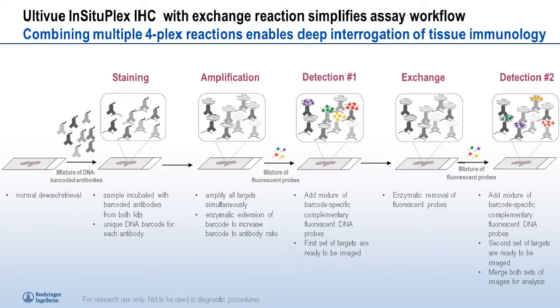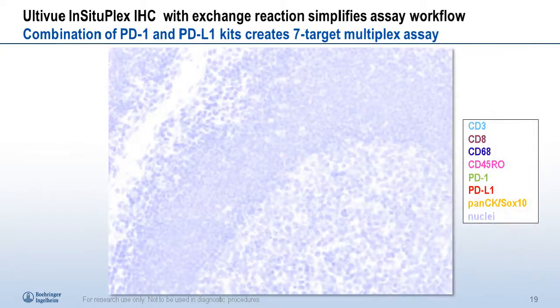Once we've imaged that, we take the 2 sets of images, stack them together and align them using the Hoechst or DAPI signal, and now we've created this 7-target, 8-color fluorescence immunohistochemistry image. So a very, very simple idea and a really powerful tool.